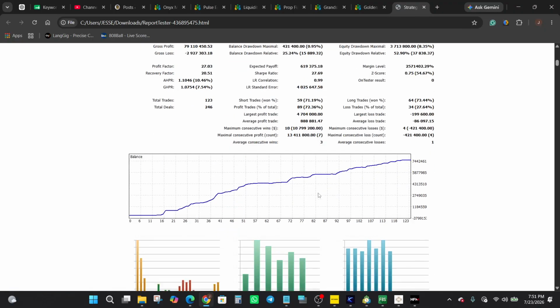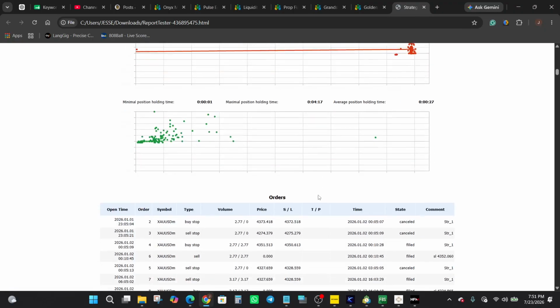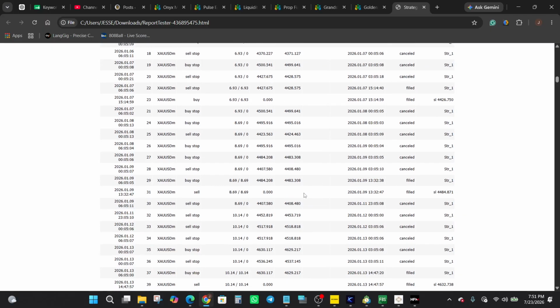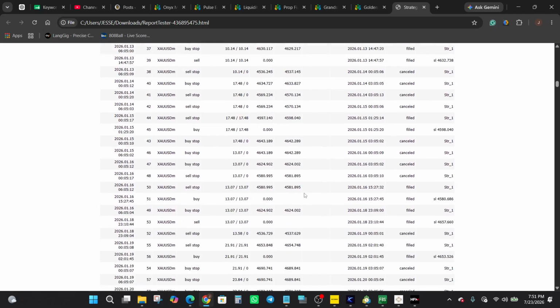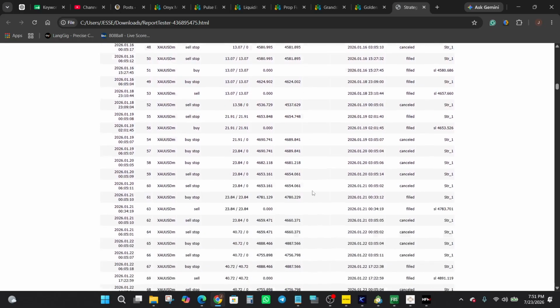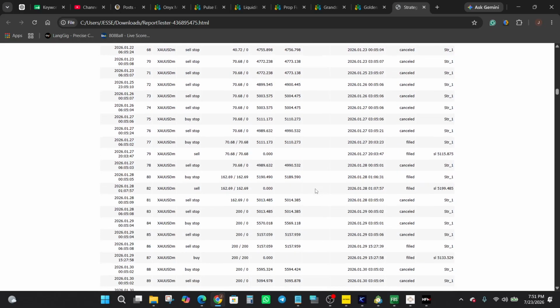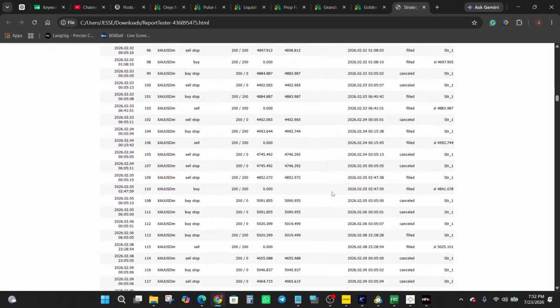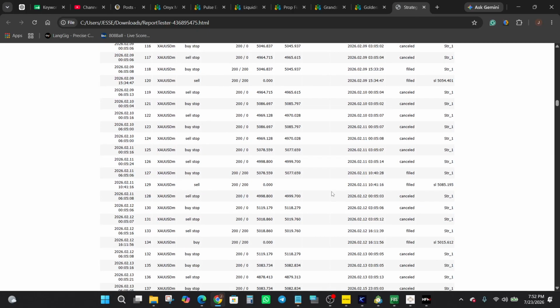Basically, from the trade log, position holding times were remarkably short. The average holding time was just 27 seconds, with the maximum trade duration lasting only 4 minutes and 17 seconds. So this confirms that the EA functions as a quick breakout harvester, seeking to capture initial momentum past daily levels and exiting rapidly rather than sitting exposed to long-term market swings.